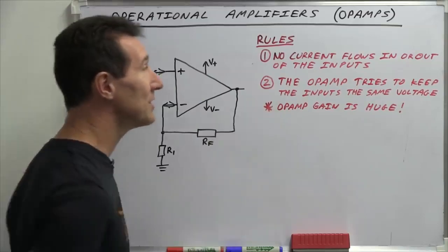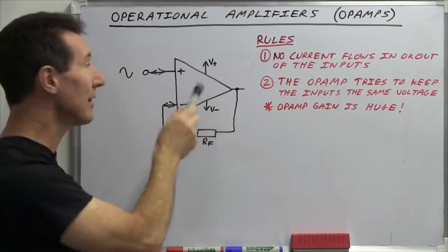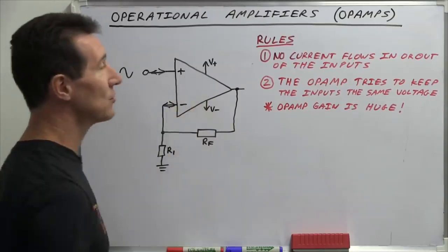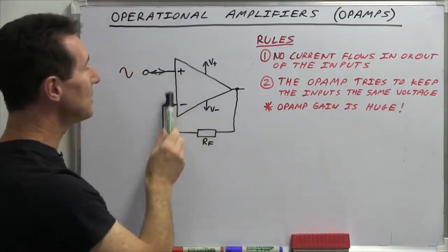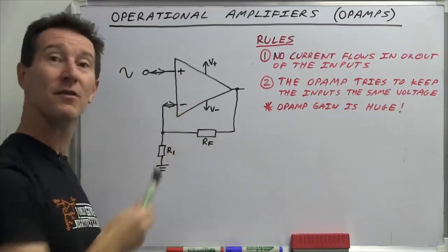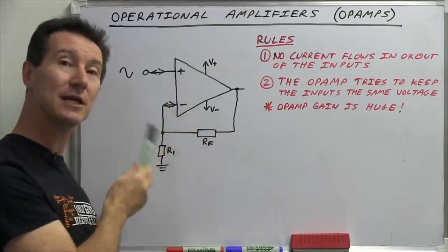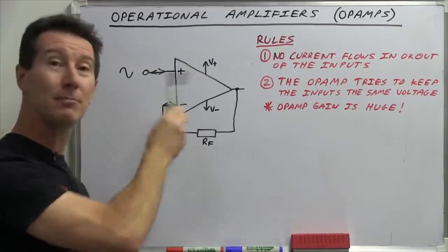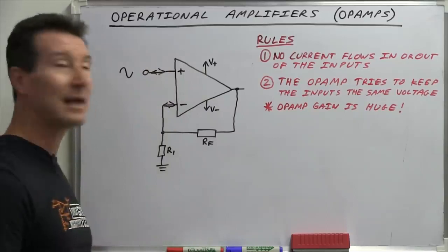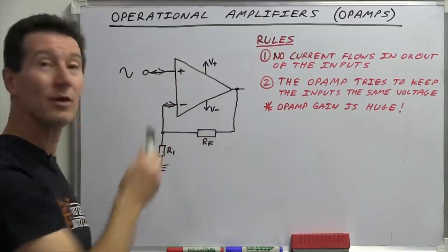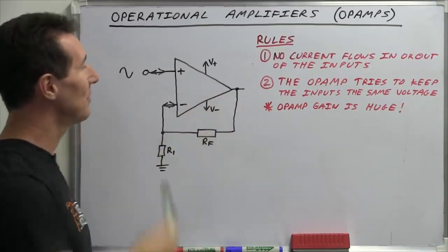Now, rule number 2 is the op-amp does whatever it can internally, right? Internal circuitry, which we won't go into, but it does whatever it can to keep these 2 input voltages the same. Now, the op-amp can't actually change its input voltage. These are inputs. It has no way to actually drive a voltage out and keep them the same, but it can do it with feedback, and that's why this rule only applies to closed loop configurations.